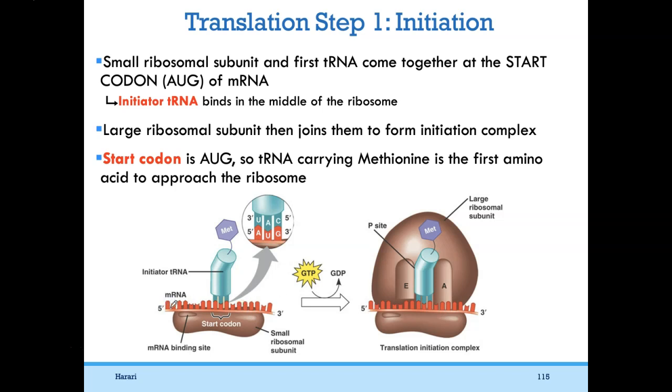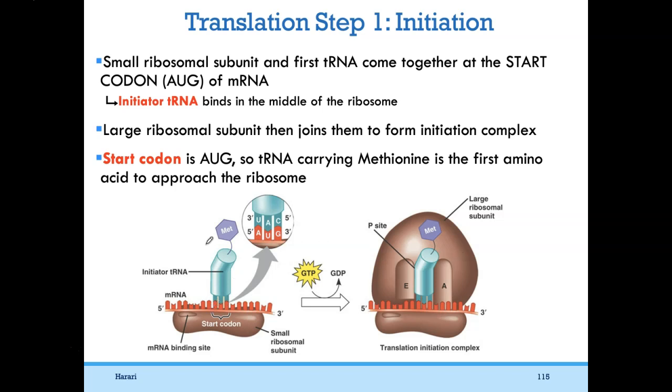Remember, within every mRNA transcript, there's a start codon, AUG. The first AUG marks the beginning of translation, and a special tRNA called an initiator tRNA carrying methionine will recognize the first AUG of an mRNA.